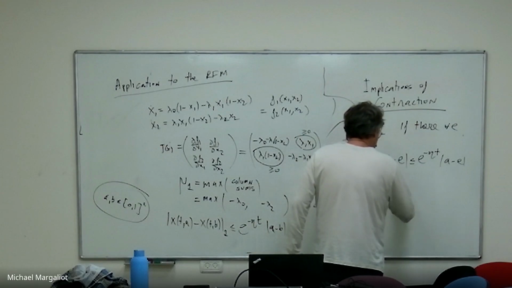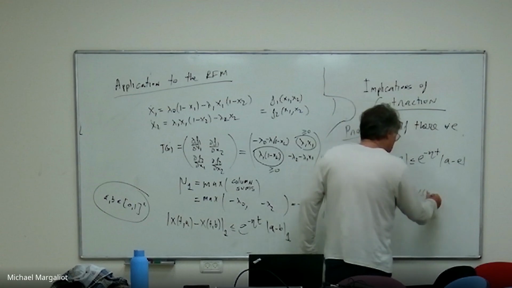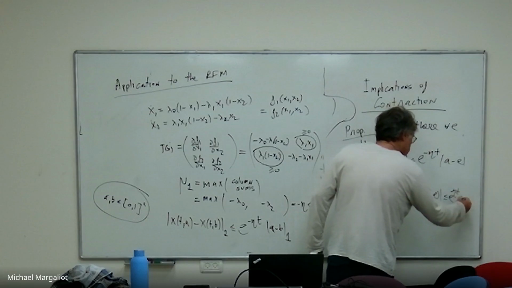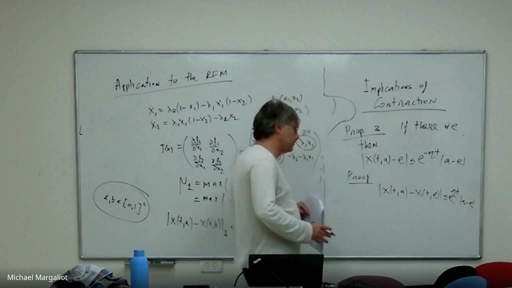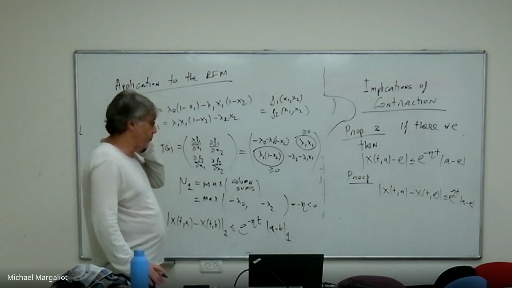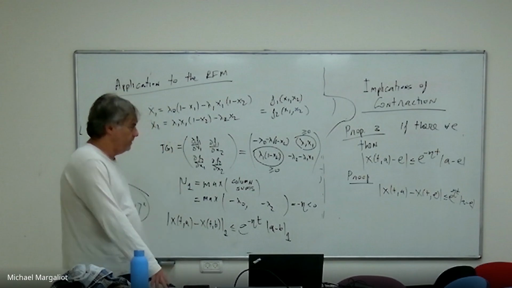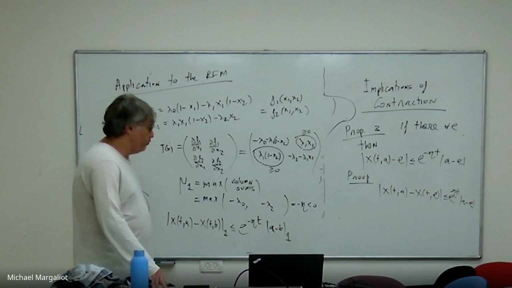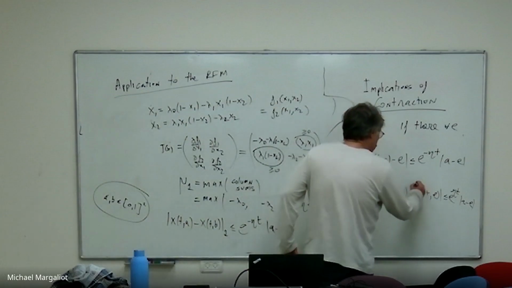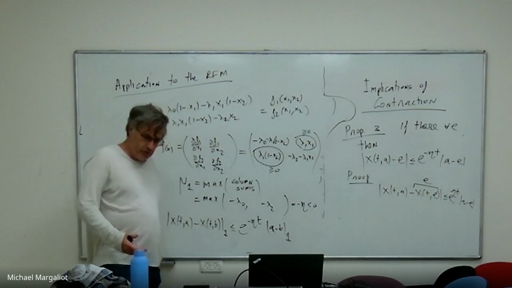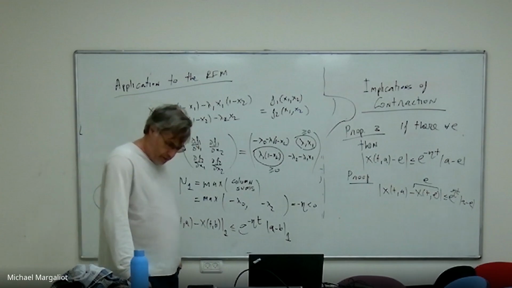We know that we have contraction, so this follows immediately from contraction. I take two initial conditions. One is some arbitrary initial condition A. The second is the equilibrium point, E. Because if I start at the equilibrium point, by definition, I stay at the equilibrium point.